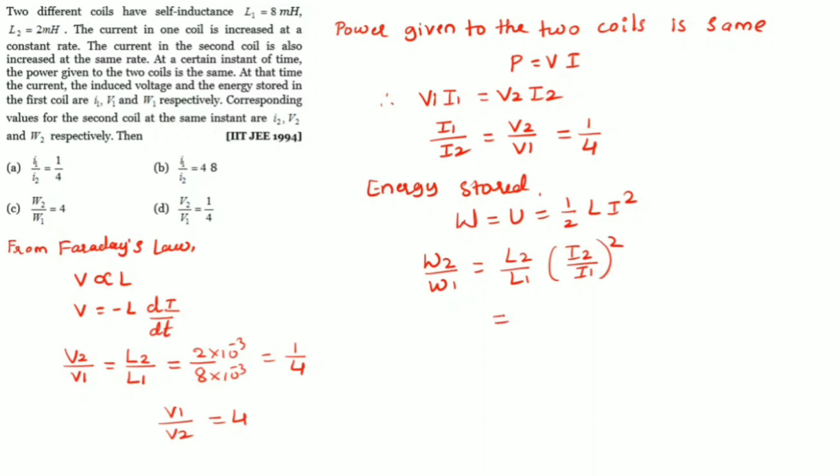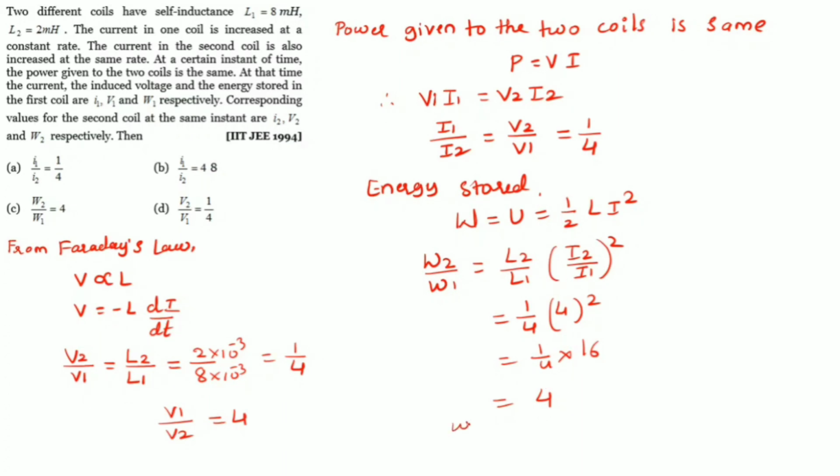Substitute the values. L2 divided by L1 is 1 by 4. I1 by I2 is 1 by 4, so I2 divided by I1 is 4. So I2 divided by I1 squared is 16, and 1 by 4 into 16 gives 4. So the answer is 4.